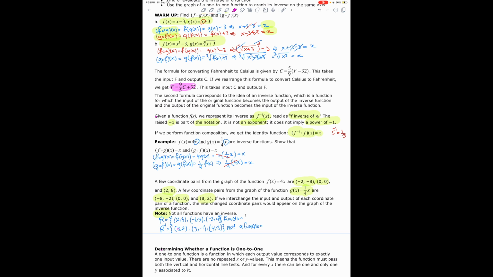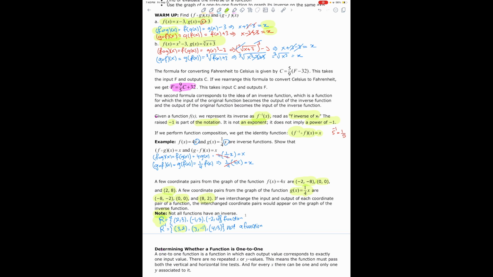The problem lies here. The 3 is mapped to 2 and it's mapped to -1 as well. That is a problem because we know that in a function that cannot happen. One element from the domain cannot be mapped to 2 elements from the range. Remember the example of the taxi taking 1 person to 2 places at the same time. This is impossible, which means this function specifically, r, does not have an inverse.